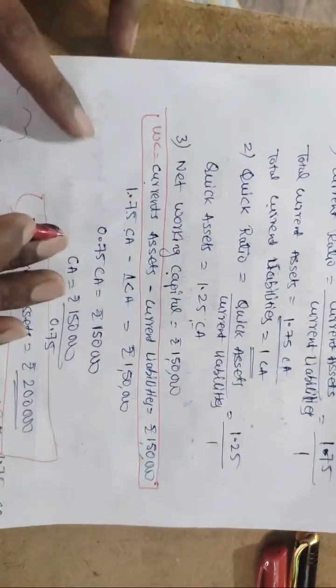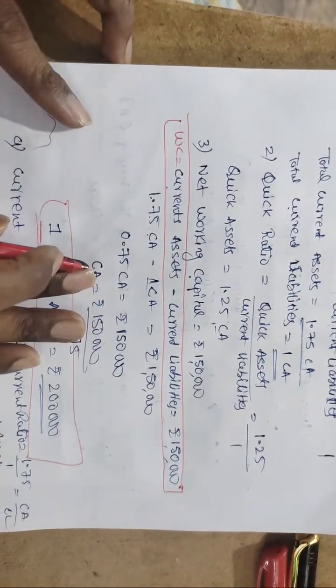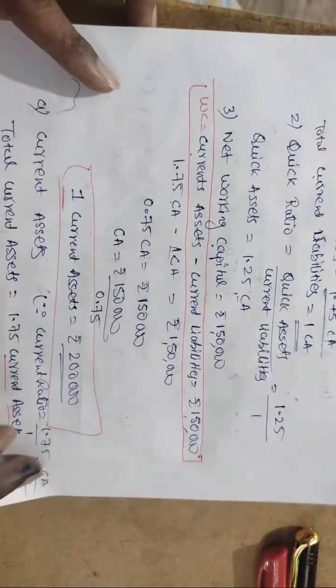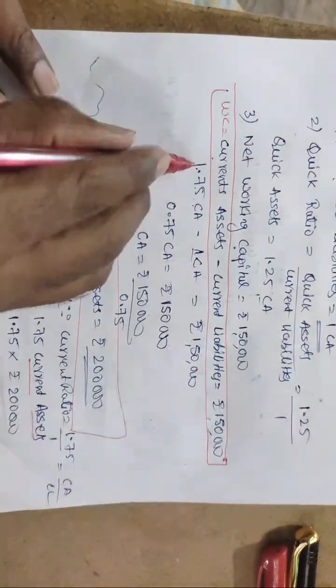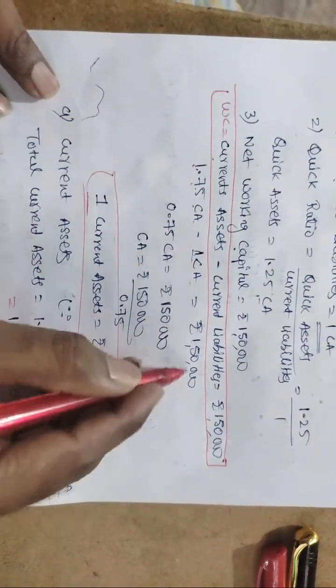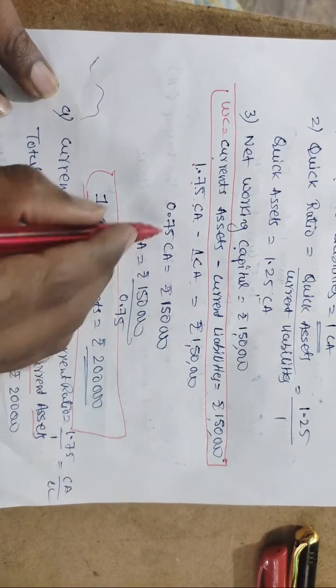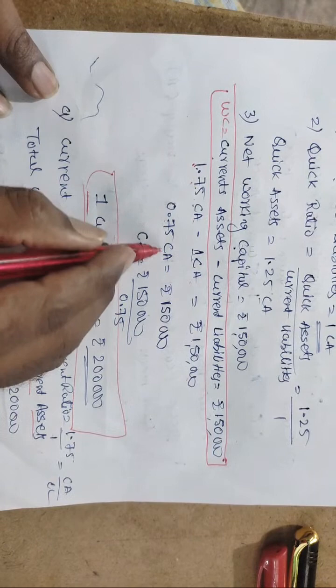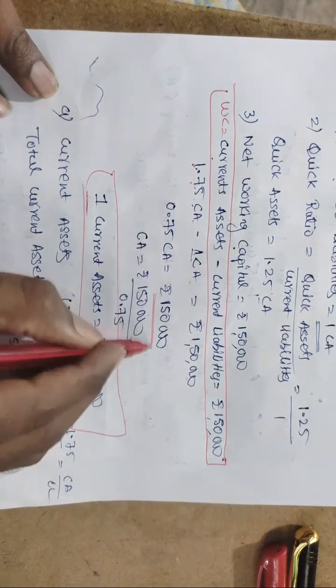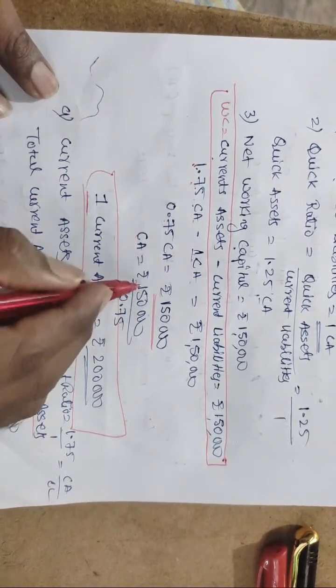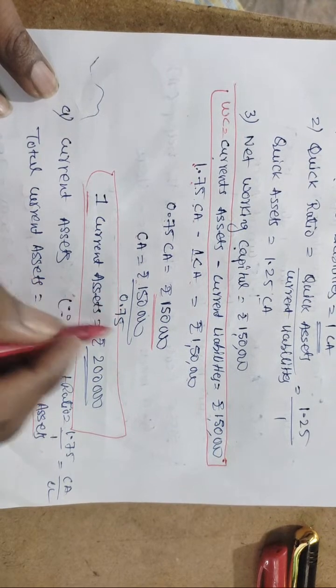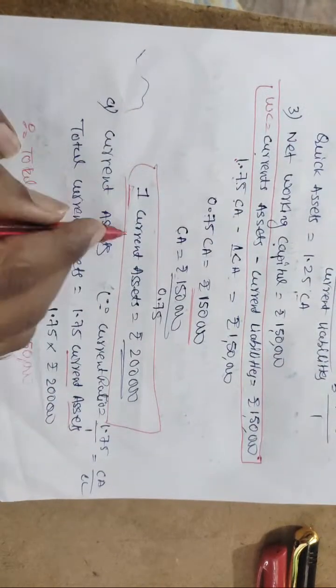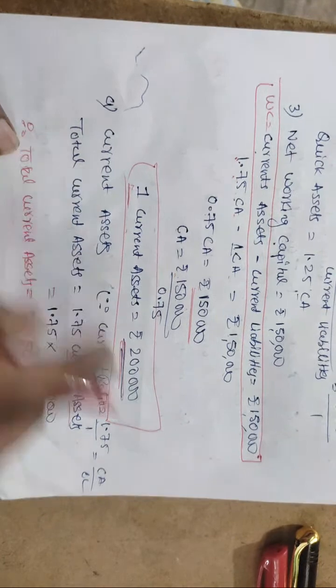If you remember that formula, you can easily solve the problem. Next, 1.75 minus 1 current assets is equal to 1,50,000. 1.75 minus 1 is 0.75, so 0.75 current assets is equal to 1,50,000. Current assets is equal to 1,50,000 divided by 0.75. We are getting 1 current asset is equal to 2 lakhs.